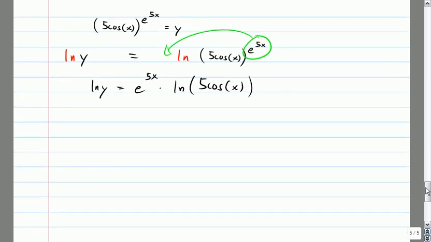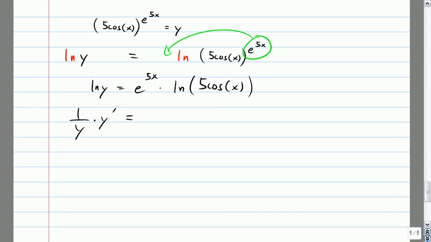Now take the derivative of both sides with respect to x. So the left side turns into 1 over y times y prime. The right side requires what rule first? Chain.